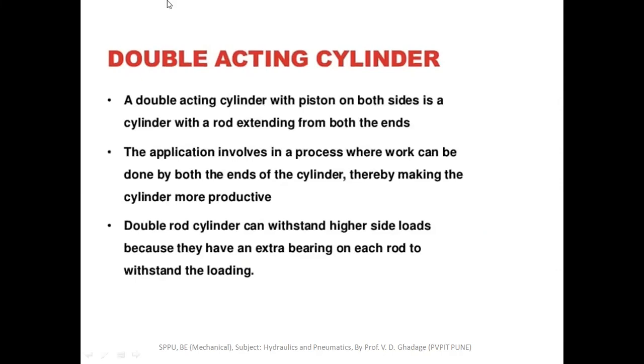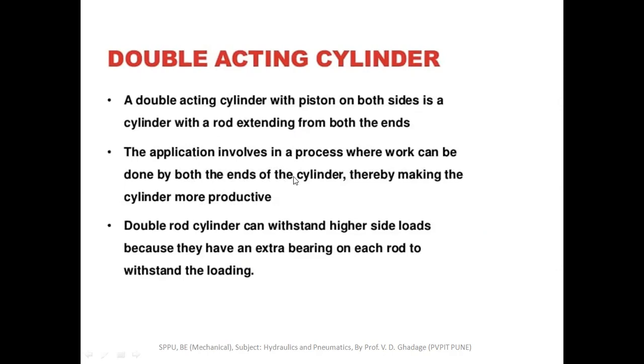So a double acting cylinder with a piston rod on both sides is a cylinder with a rod extending from both ends. The application involves processes where work can be done by both ends of the cylinder, thereby making the cylinder more productive.